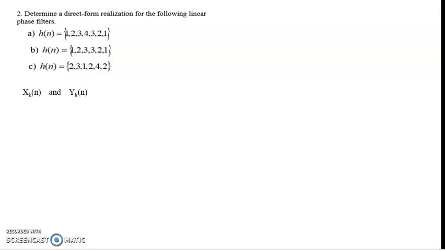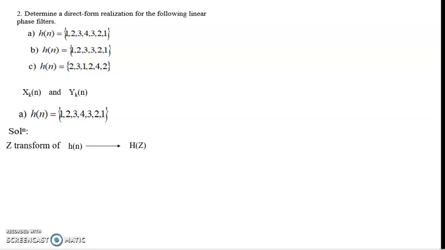Okay, let's see how we can solve this. Here, h of n is representing the sequence of a linear phase filter's impulse response in the discrete time domain. First of all, we need to find the Z transform of h of n, which is H of z, and that is nothing but the transfer function of the entire filter system.